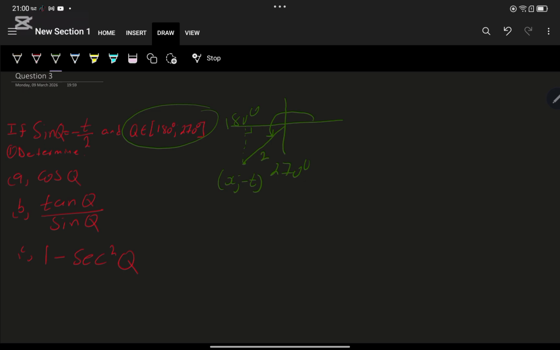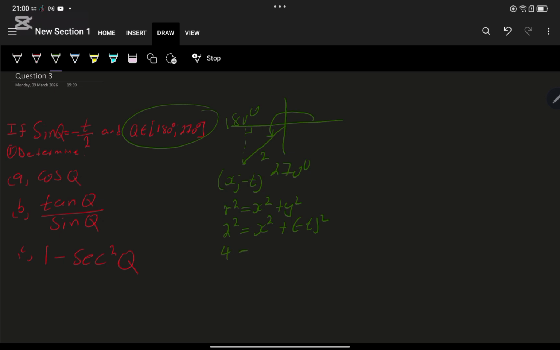And therefore we can use Pythagoras to calculate the value of x. So r squared is equals to x squared plus y squared, and therefore r is 2 squared. We are missing x plus -t squared. So this gives us 4.